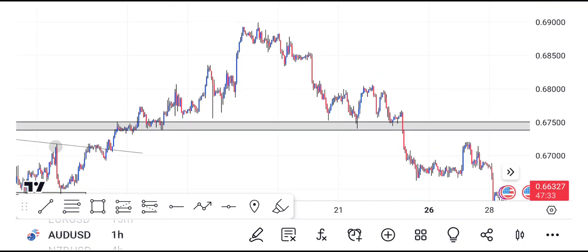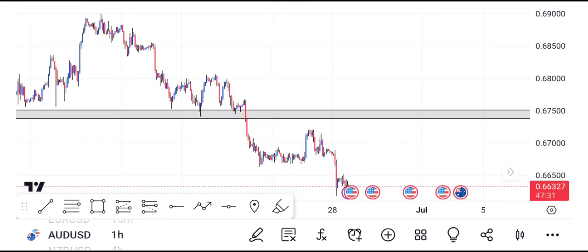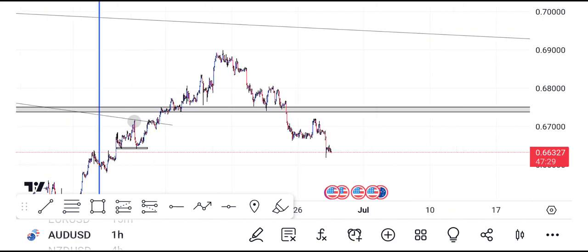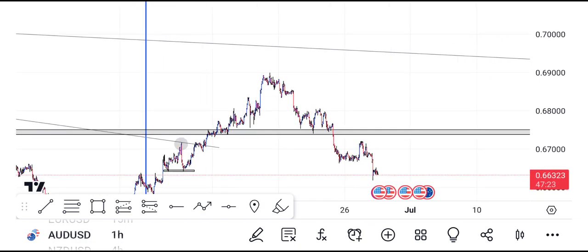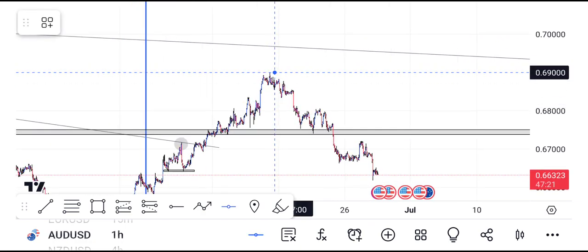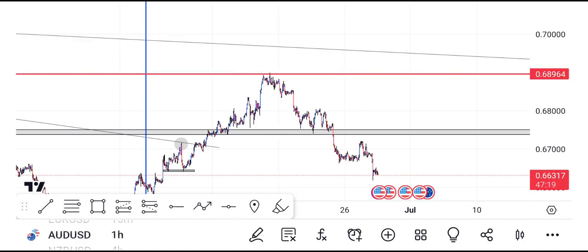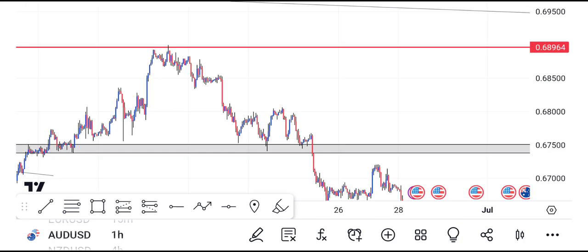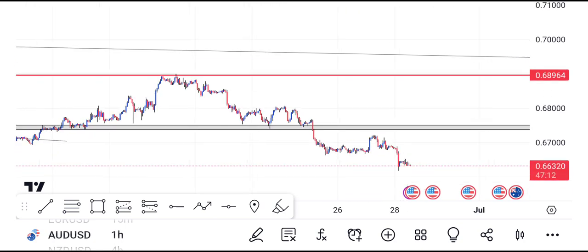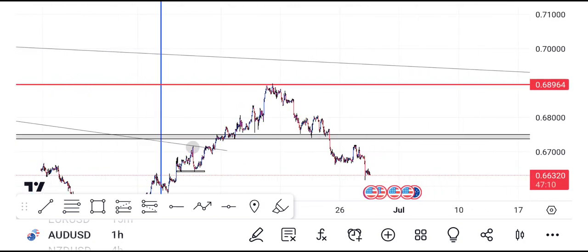And then starts to form higher highs and higher lows, until price reaches this peak point over here. That peak was a reversal point.